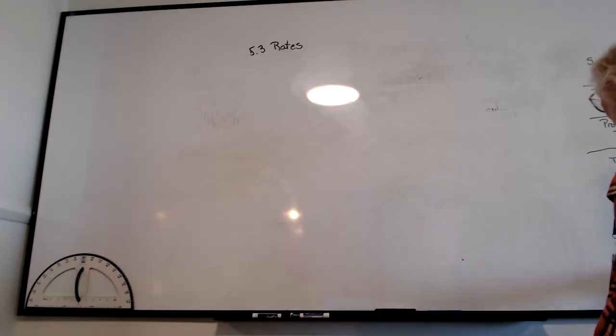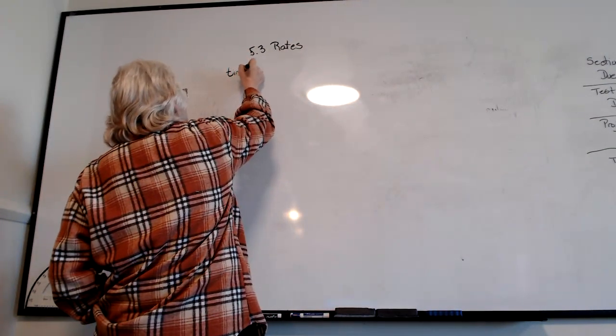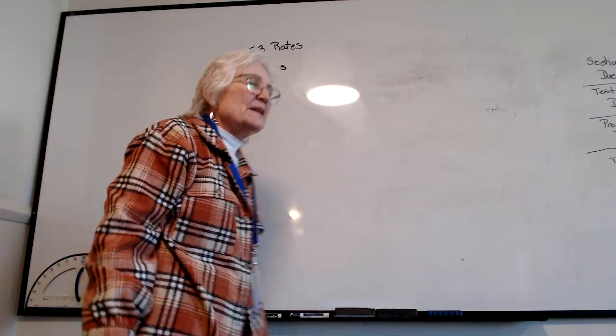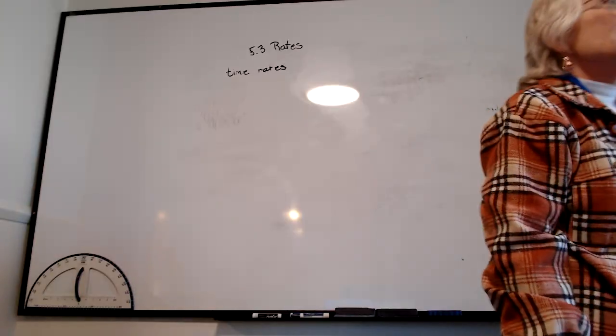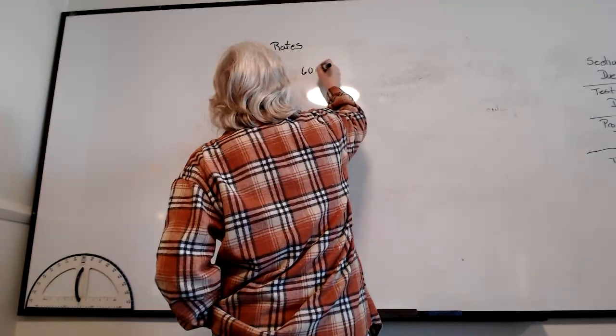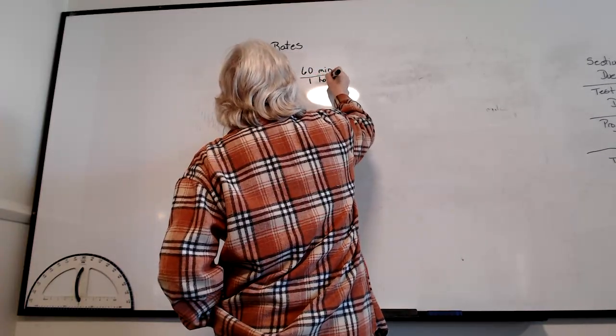Give me a rate here for me. Give me some time rates. How many minutes in an hour? 60. So a rate is 60 minutes in 1 hour.